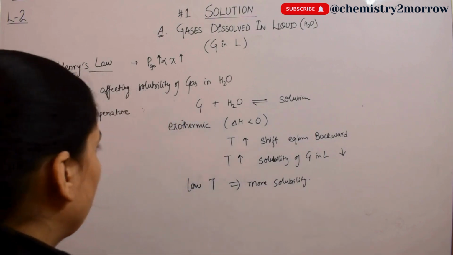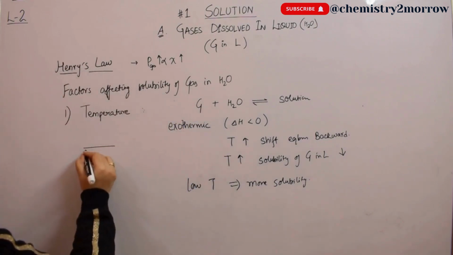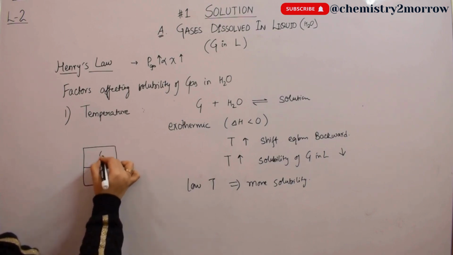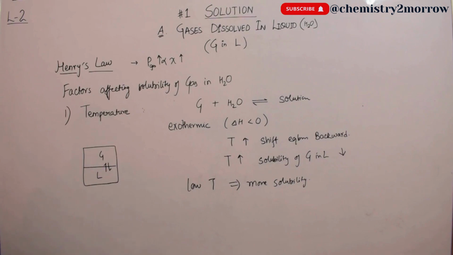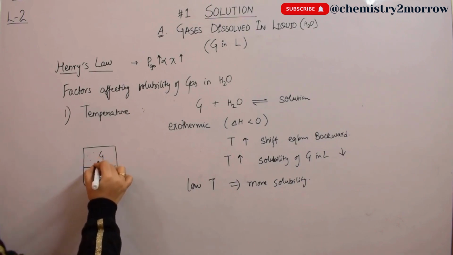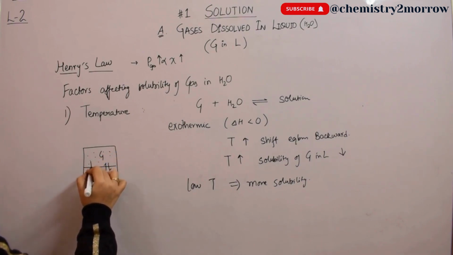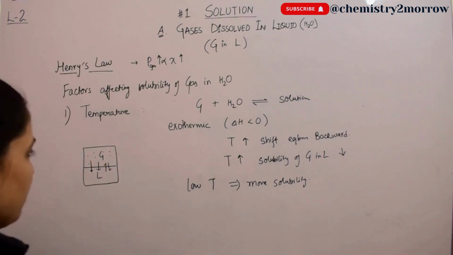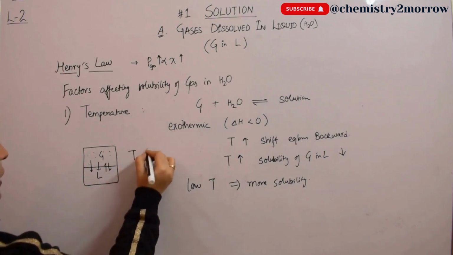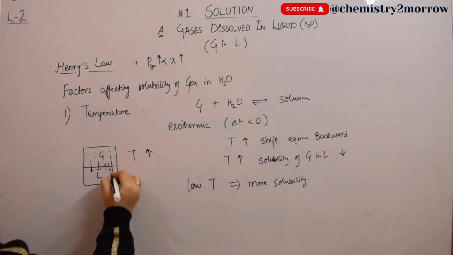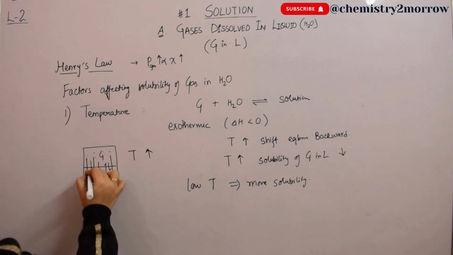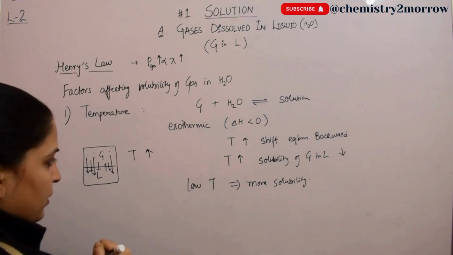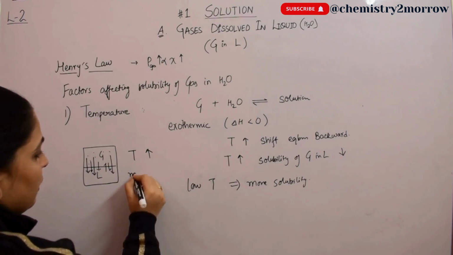Let us see how. In case of this kind of equilibrium system where there is a liquid and gas, these gaseous molecules are basically constantly bombarding this liquid. Upon increasing the temperature, this bombardment will increase. So more gases will come and strike the liquid surface.